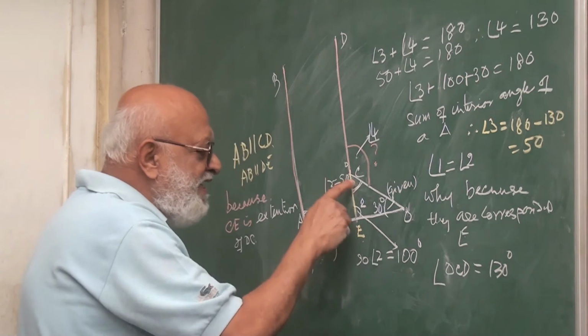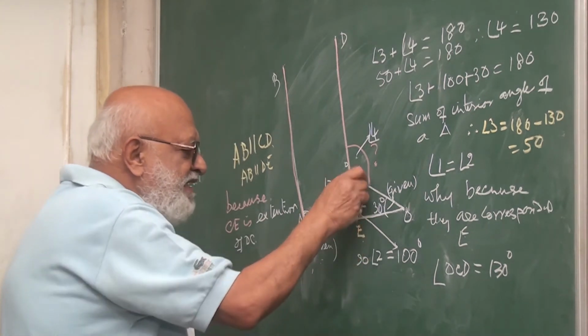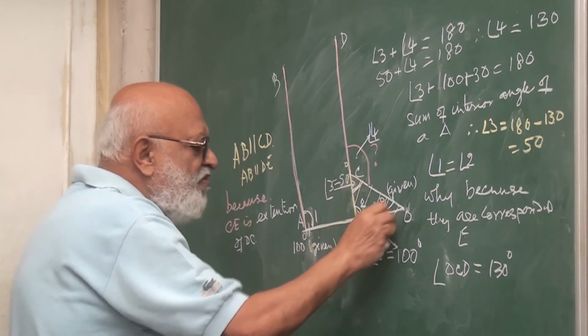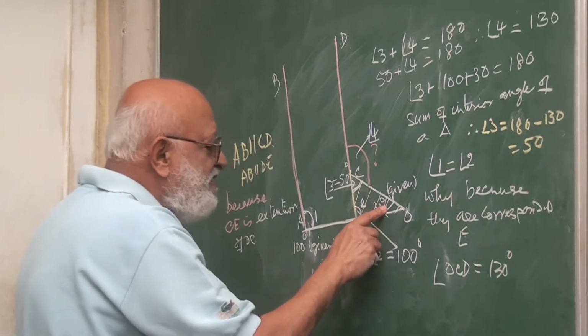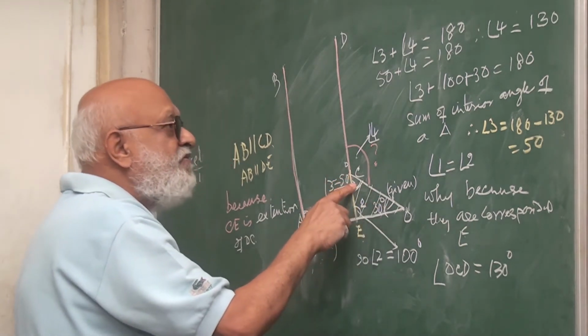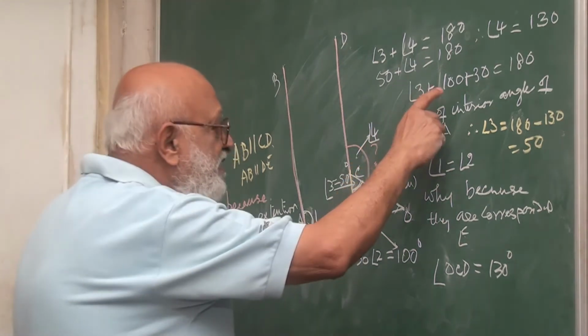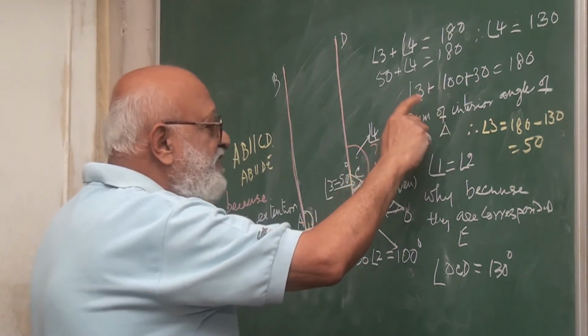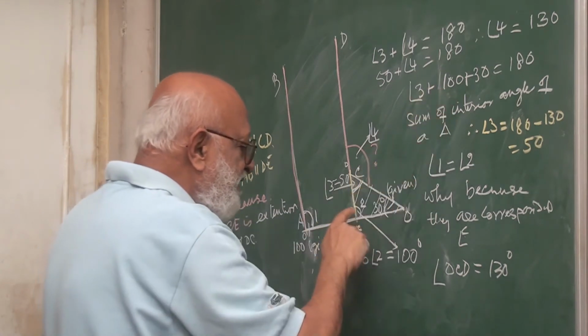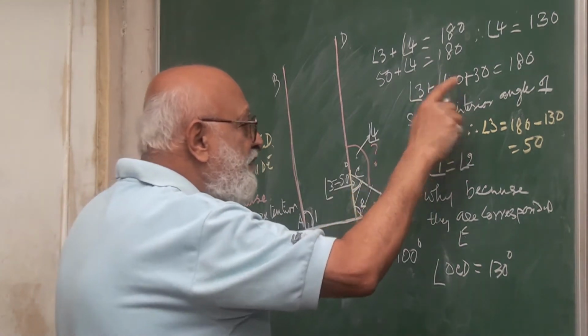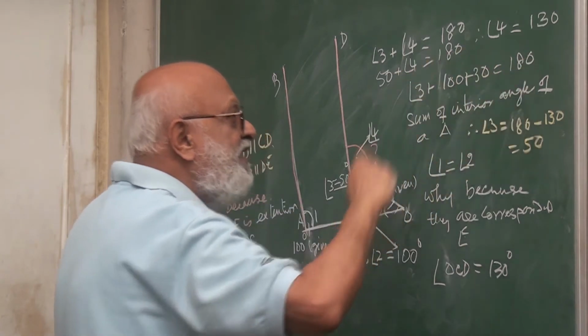So in this, then I have got this triangle. In this triangle, I have got already two angles, so I can find out this particular angle. This is what I have done here. Here I have said angle 3 plus 100 degree plus 30 degree is equal to 180 degree.